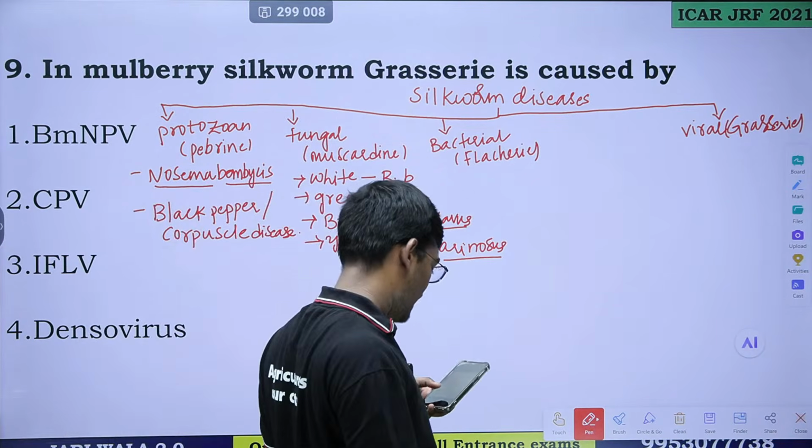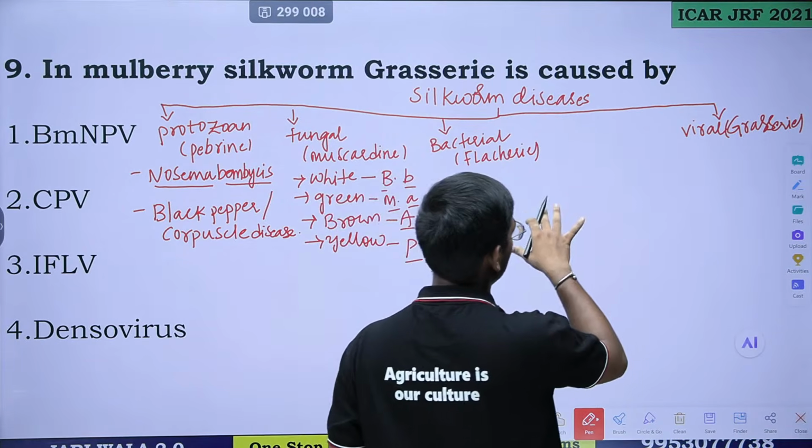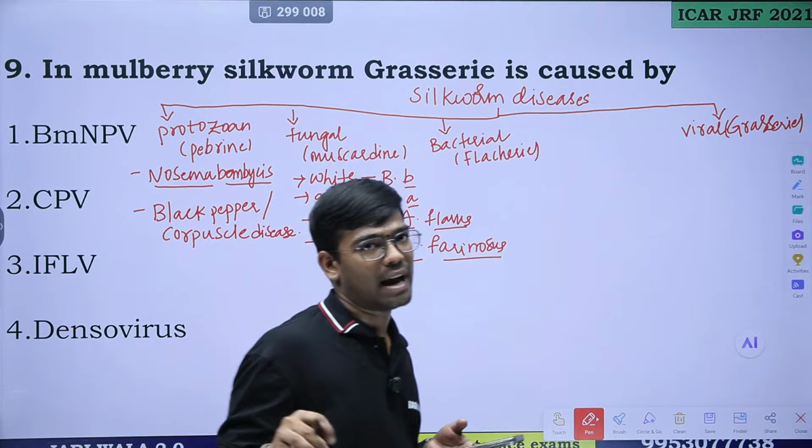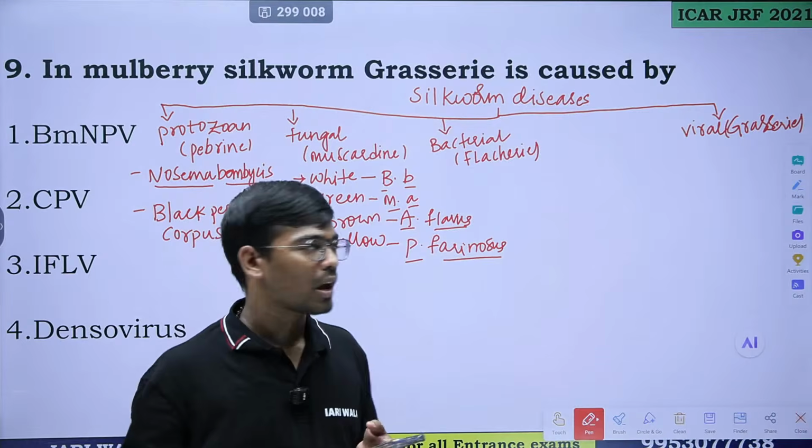And while coming to bacterial disease, here we again have three. The first is the bacterial disease which causes damage to the digestive system, another one is bacterial toxicosis, and the third one is septicemia. Okay.